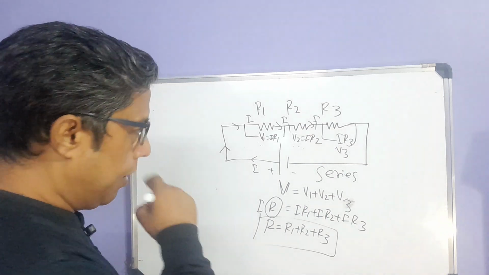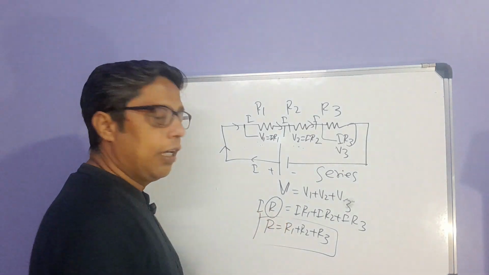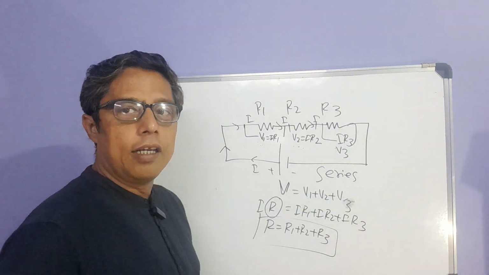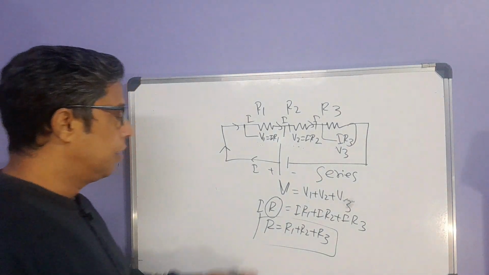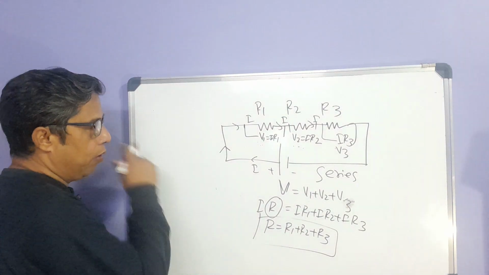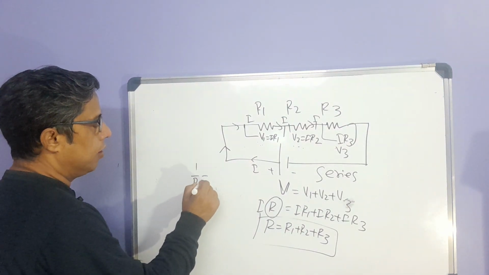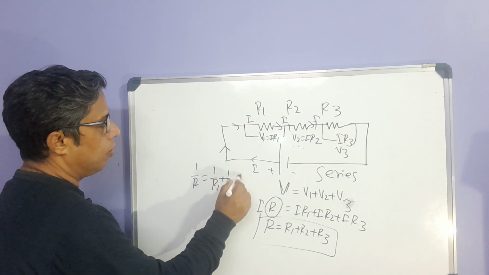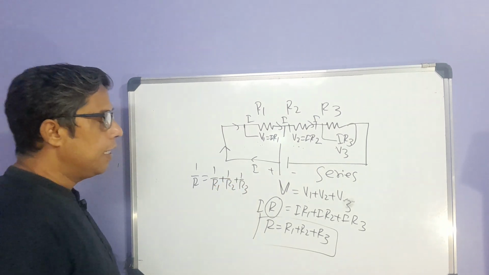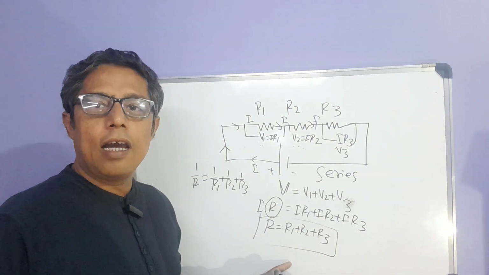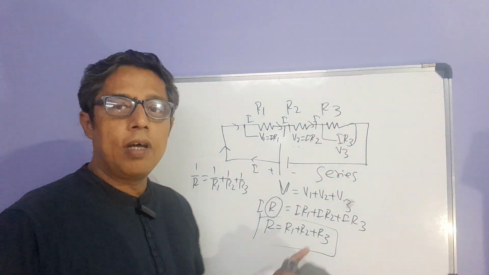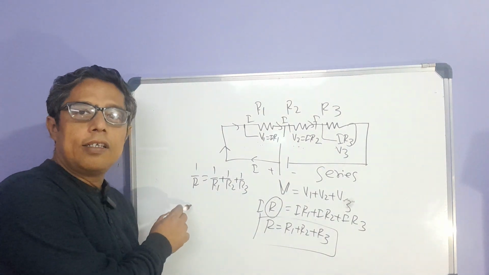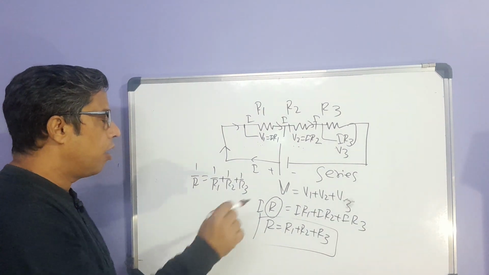In the next revision class, I will come with parallel and a few numericals for practice for this chapter. So this is the series, and what about the parallel? Parallel will be 1 by R is equal to 1 by R1 plus 1 by R2 plus 1 by R3. In series, the equivalent resistance is higher than any of the individual resistances, but in parallel, the equivalent resistance is lower than any one of the resistances.